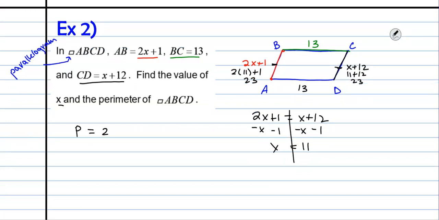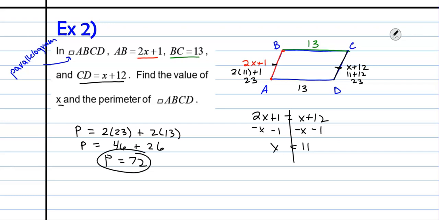Or we can do 2 23s plus 2 13s. 2 23s is 46, and 2 13s is 26. And then 46 plus 26 is 72. So our perimeter is equal to 72.